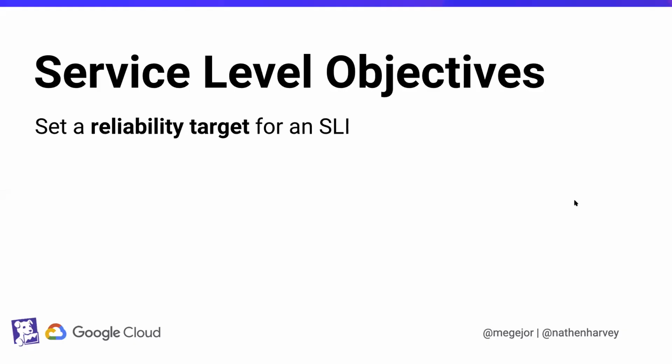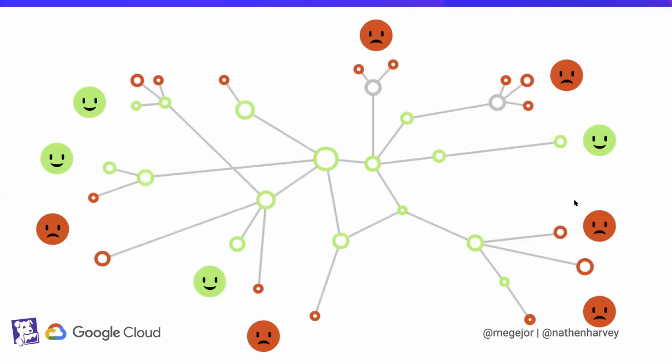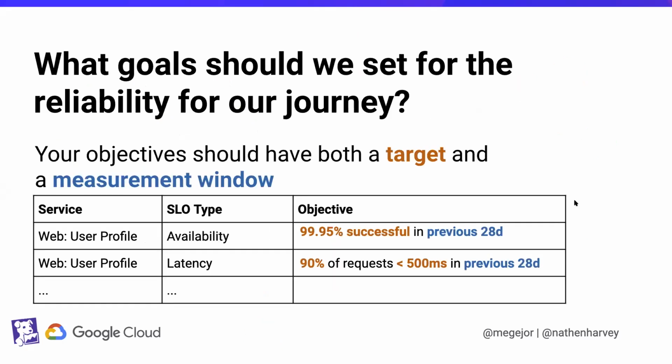A service level objective is a reliability target for an SLI. An individual SLI may be that HTTP status code, but I want to measure the collection of all of my HTTP status codes, thinking about happy customers. Again, it always comes back to our customers, and we always want to be measuring this from the point of view of our customers.